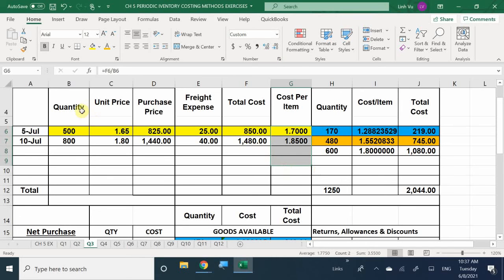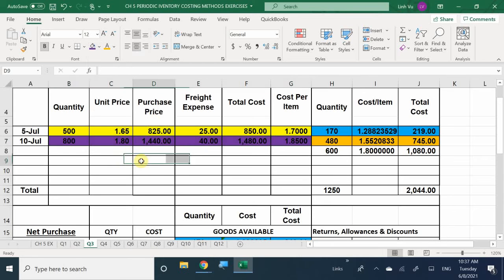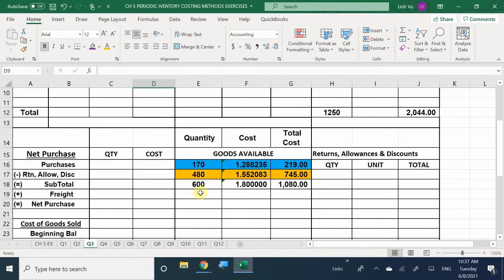And I'm going to associate this batch, let's do purple. Can everyone see this? Yes. Okay. So here we have a yellow batch and a purple batch. Once again, we made no changes to the yellow batch, so we need to carry that over into our table down here, and we made a purchase of the purple one.